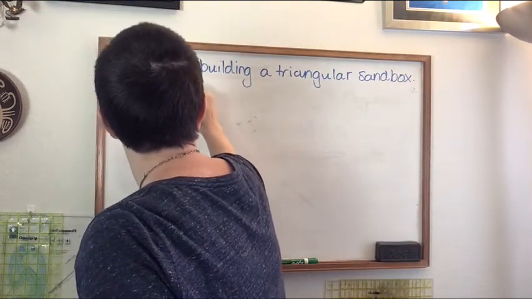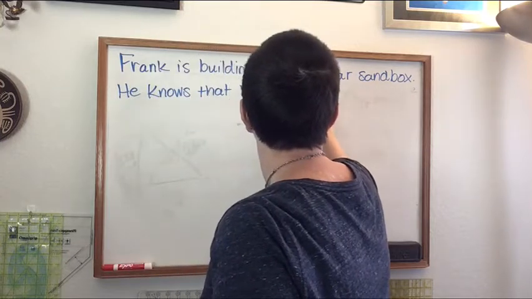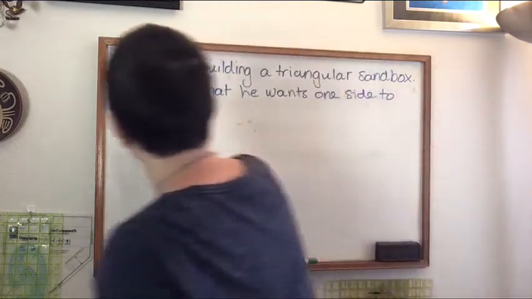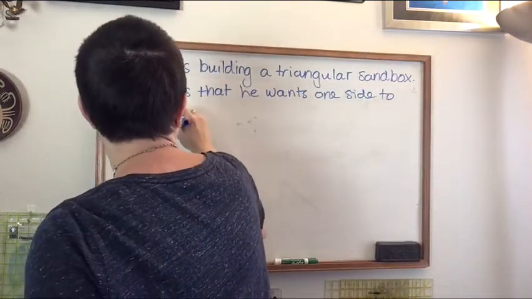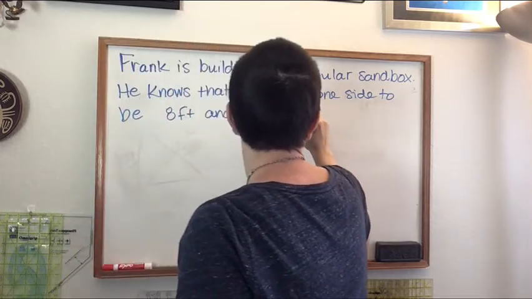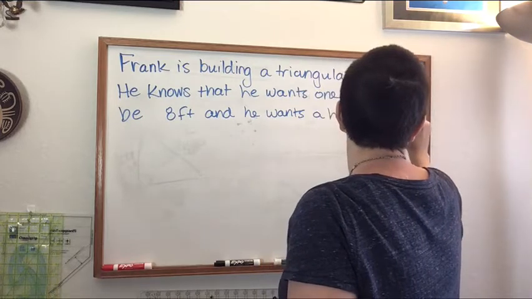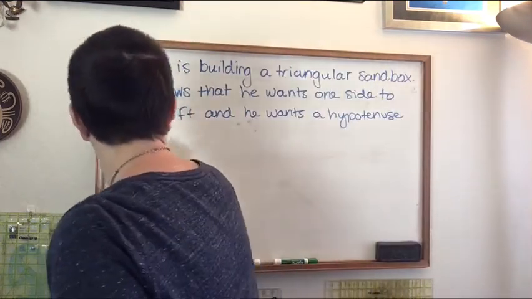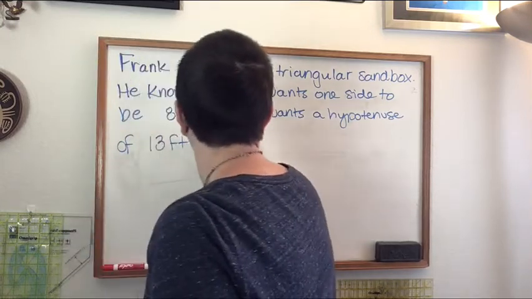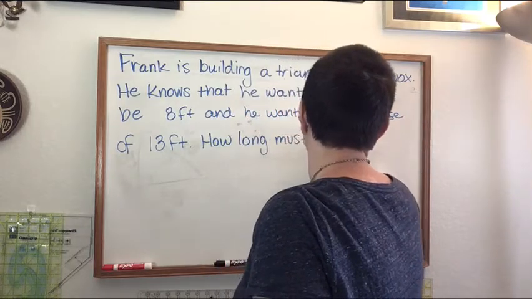He knows that he wants one side to be 8 feet, and he wants a hypotenuse of 13 feet. How long must his other side be?